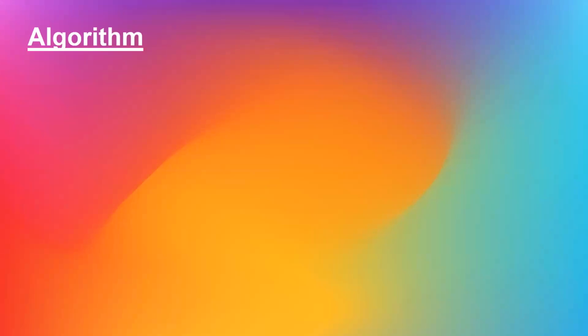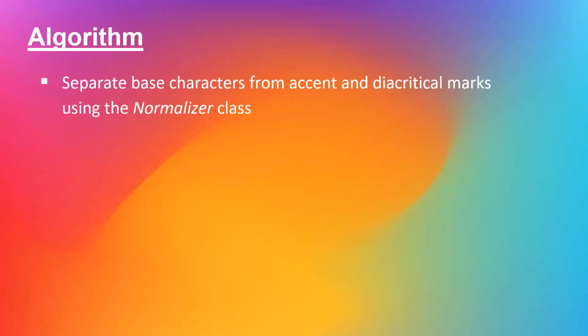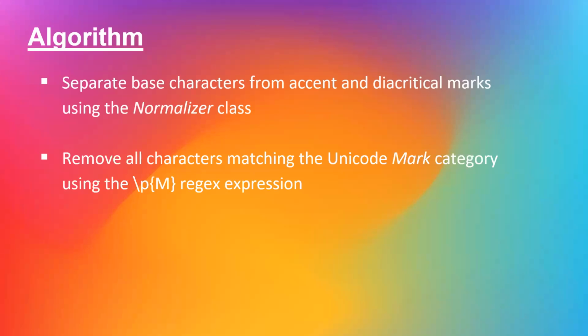Now let us see the algorithm. First, we separate base characters from the accent and diacritical marks using the Normalizer class of Java. Then we remove all the characters matching the Unicode mark category using the regex shown here.